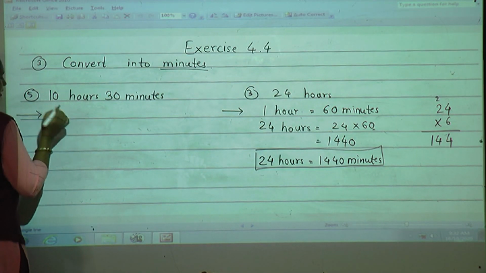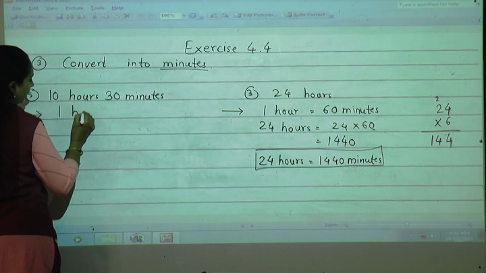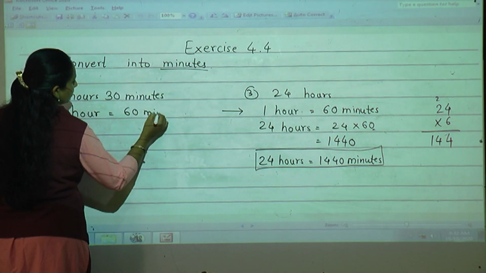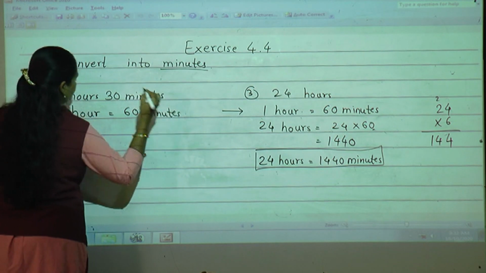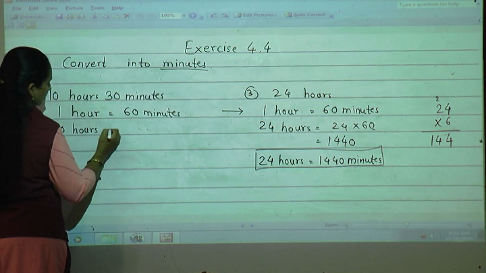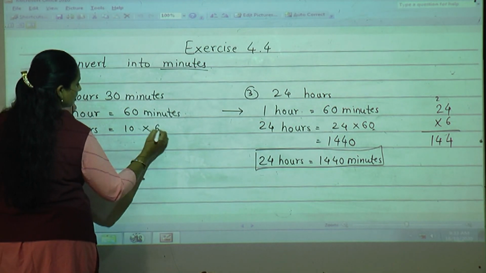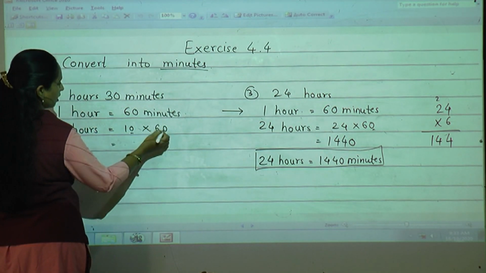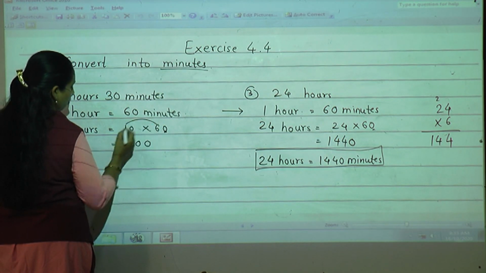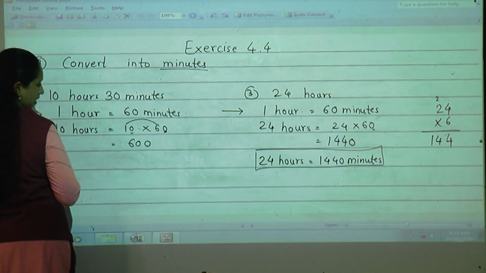First, given whatever we know, we have to write that 1 hour is equals to 60 minutes. In the same way, 10 hours is equals to 10 multiplied by 60. When 0 is there, write it as it is. 1 6 are 6, and write 2 zeros.